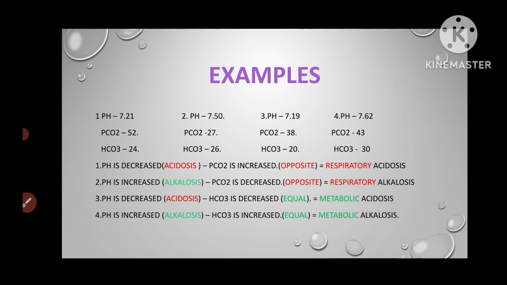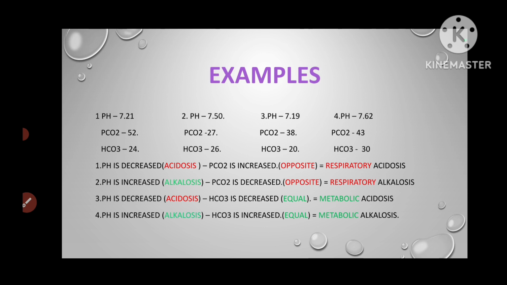Okay, and second example: pH is 7.50, PCO2 is 27, HCO3 is 26. In the second example, first we will check whether it is acidosis or alkalosis. pH value is 7.50, which is increased, which indicates it is an alkalosis. Next we will check the other values.